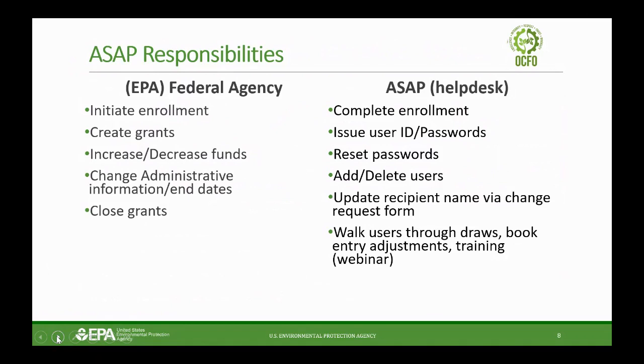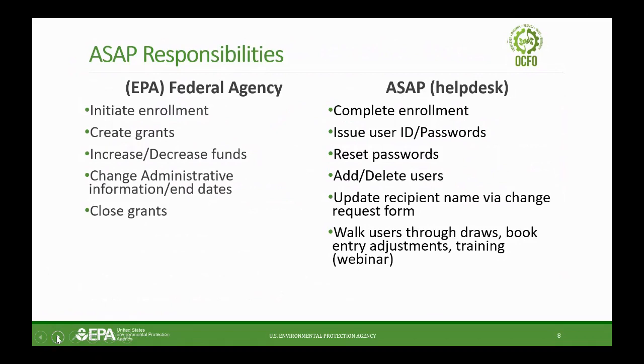Now, ASAP Help Desk, we will refer you to the ASAP Help Desk after we initiate your enrollment. They complete your enrollment and issue your ID. Now you have multi-factor authentication, what's inside ID.me now, so password is not there anymore. Add and delete users, and also the recipient can, once you have completed your ASAP enrollment, add or modify your users inside ASAP.